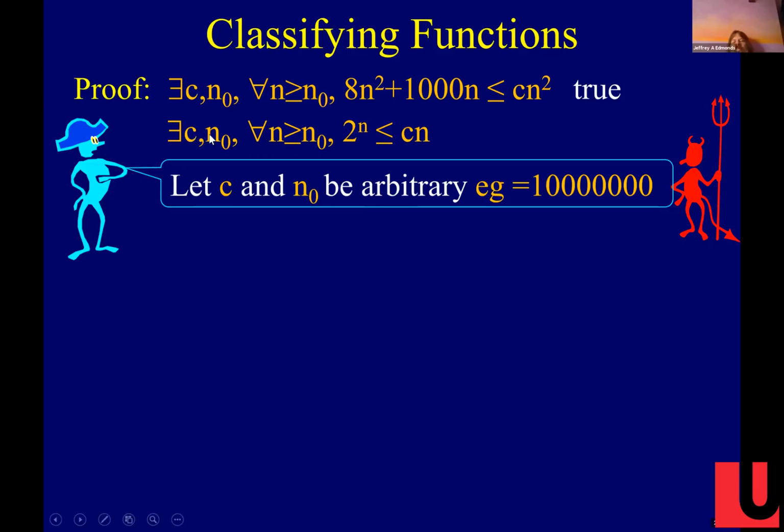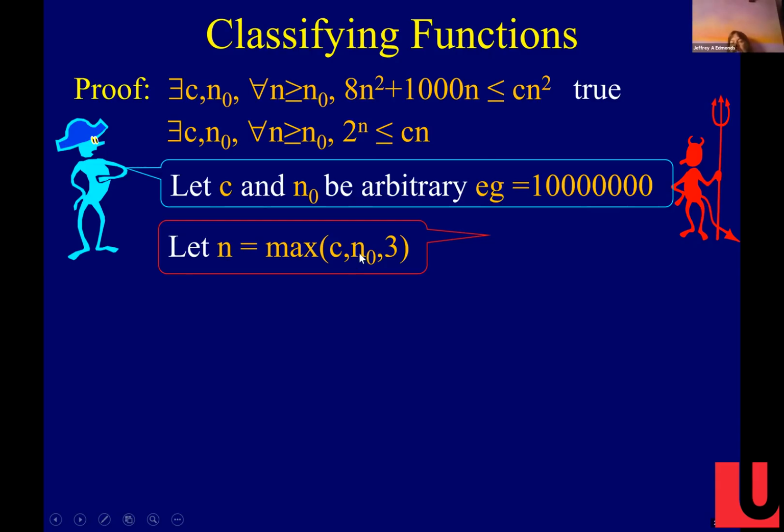I come up with some c and some n naught that are really, really big. Maybe if c and n are really, really big, I can win here. So I make them big. And then the adversary comes up with the n. He comes up with an n that's bigger than my c. I come up with a bigger and bigger c, he comes up with a bigger and bigger n.